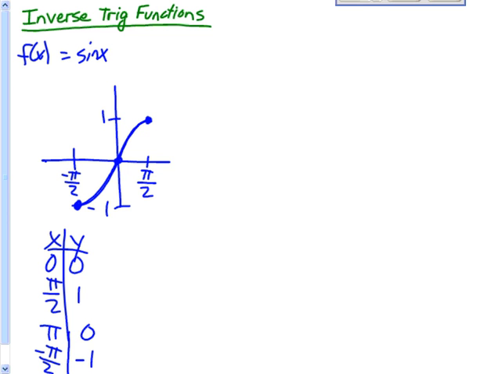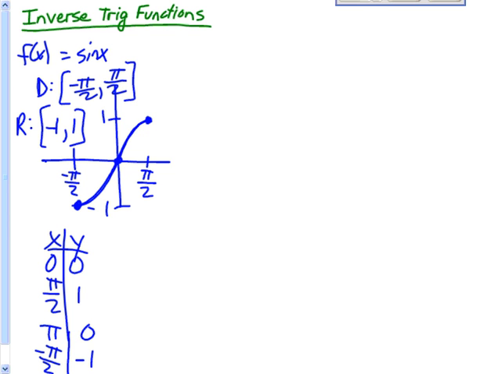Let's talk about this domain again. They've restricted the domain between negative pi halves and pi halves, and your range, of course, is negative 1 to 1. And they said, well, let's name this inverse function.